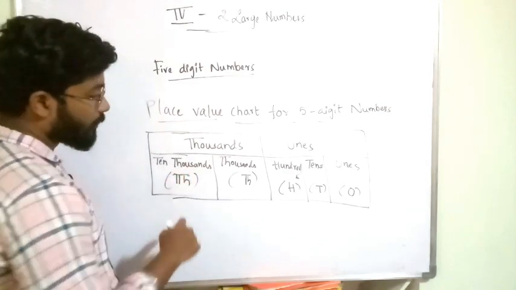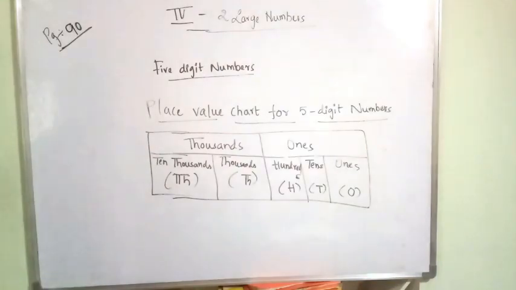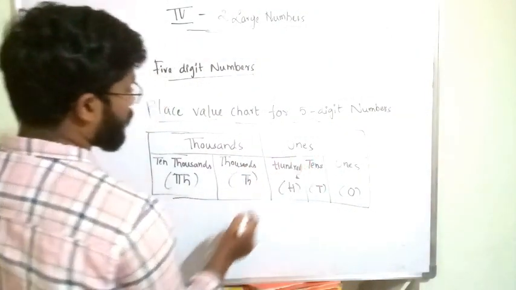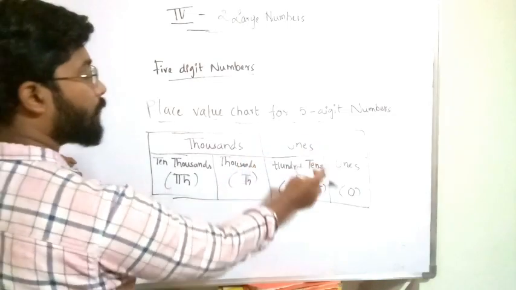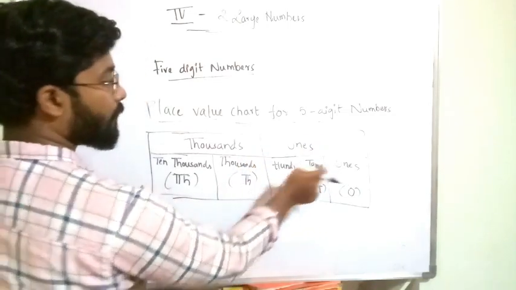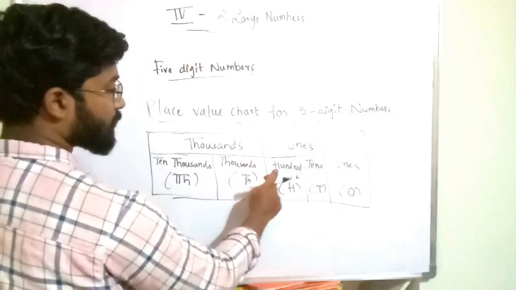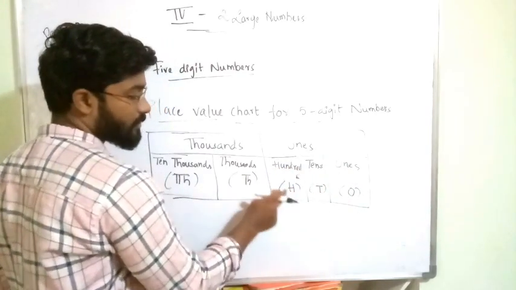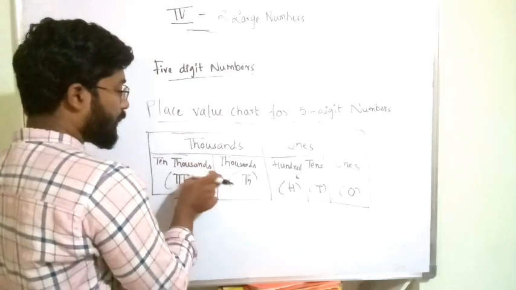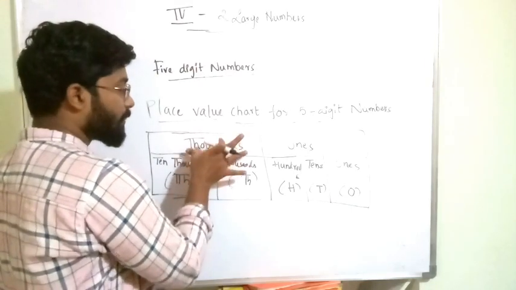Okay. So this is how we will represent the periods and the places in them. Ones period will have 3 places: 1, 2, 3. Ones, tens, hundreds. We will represent ones with O, tens with T, hundreds with H. Thousands and 10,000s places will be in which period?